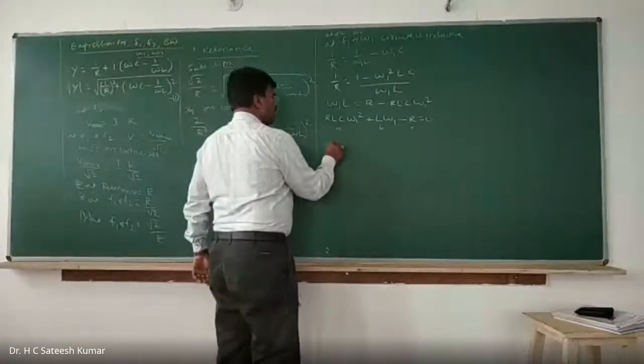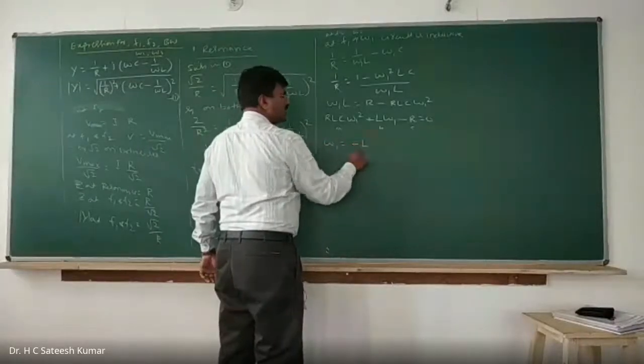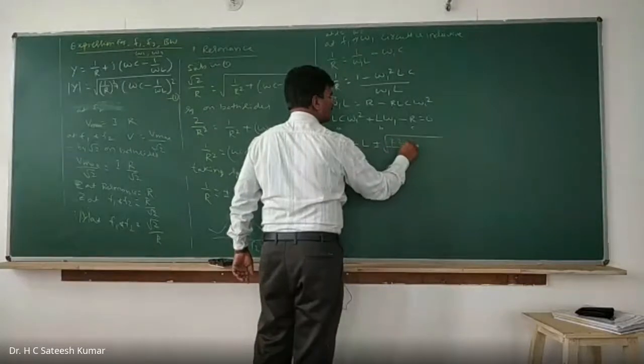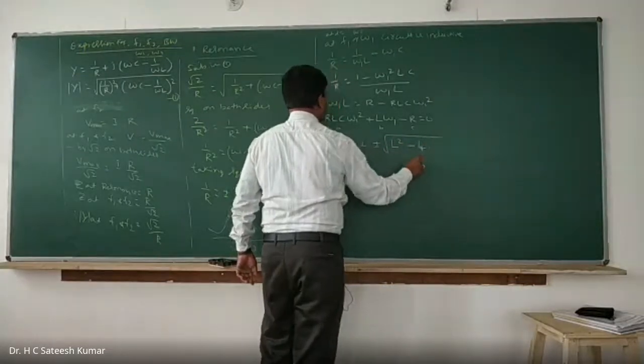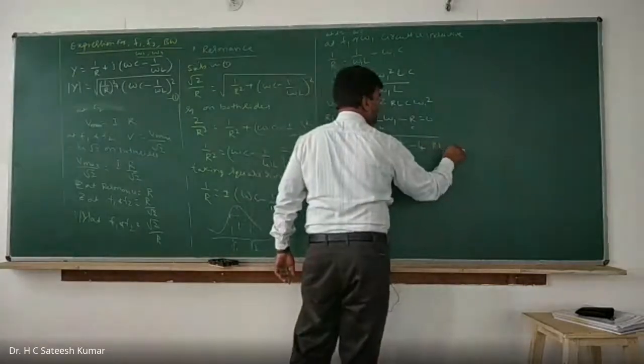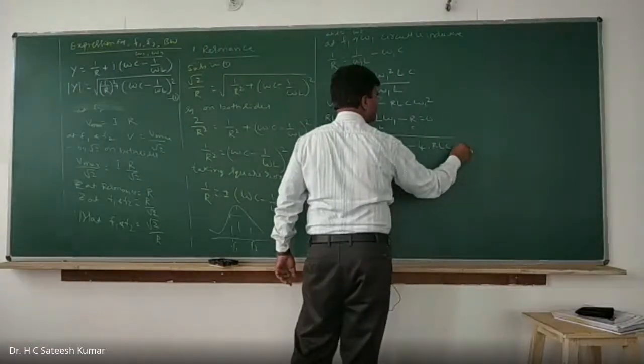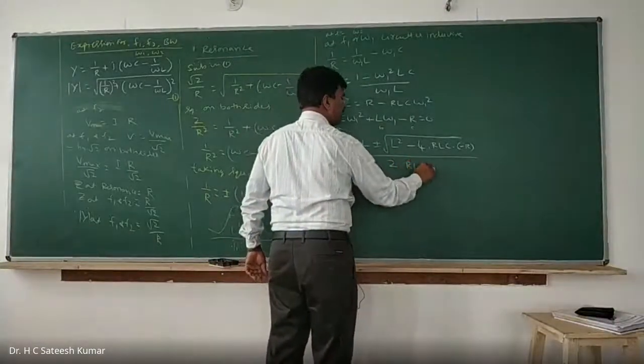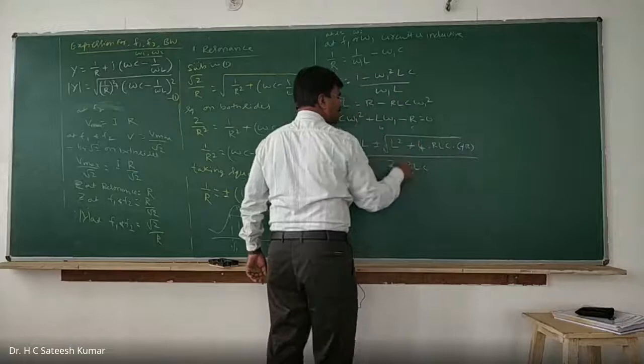Therefore, omega 1 is equal to minus B, that is minus L, plus or minus the square root of B square, L square, minus 4AC, where C is minus R, whole divided by 2A, that is 2 into RLC. Minus of minus becomes plus.